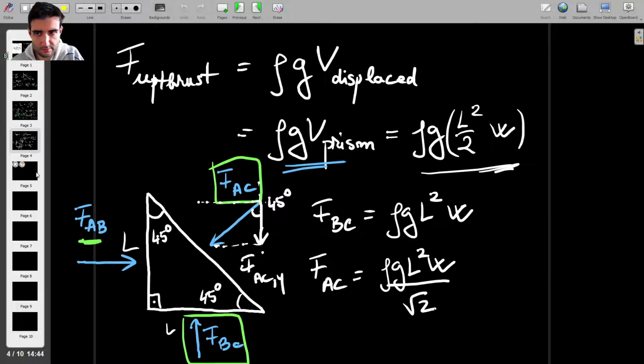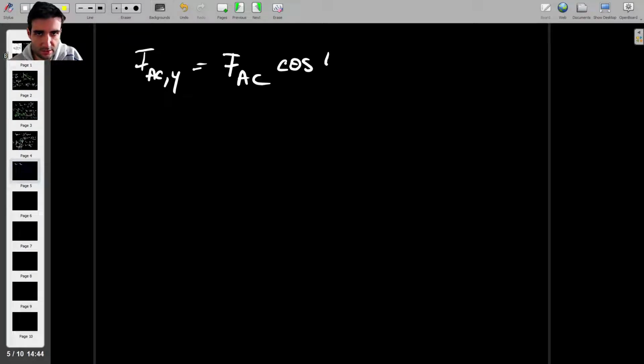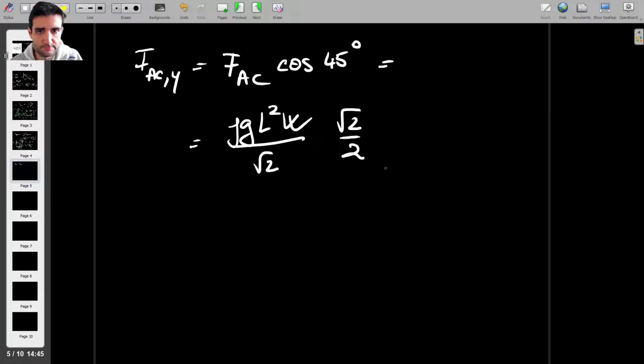So FACY is going to be equal to FAC cosine of 45 degrees. FAC was rho g L squared W over root 2, and cosine of 45 degrees is root 2 over 2. So root 2 cancels out with root 2, and we just get 1/2 rho g L squared W.